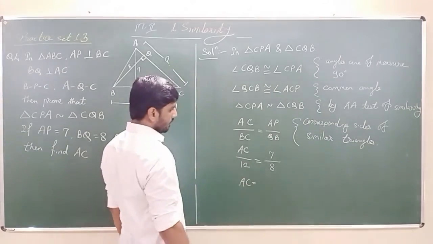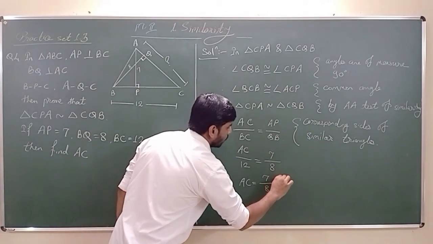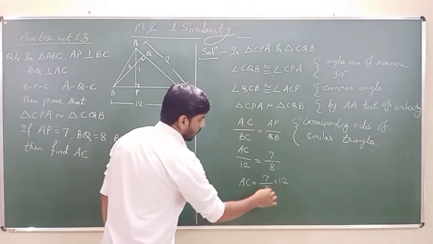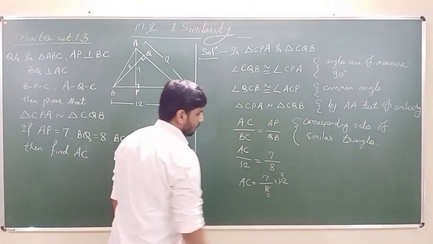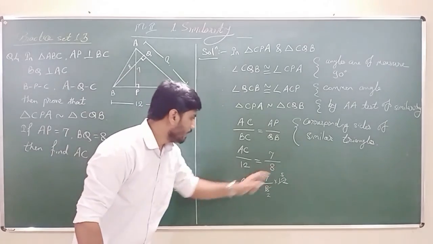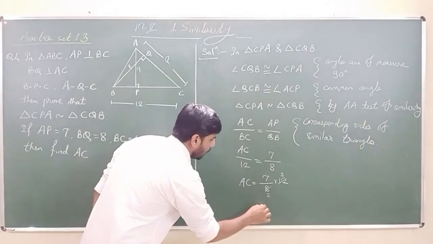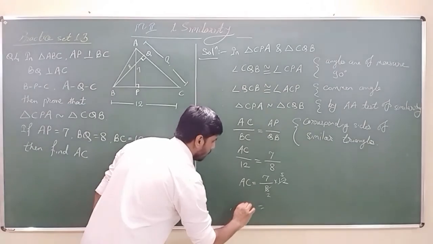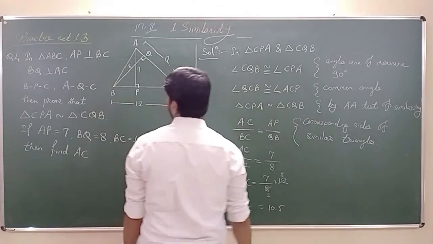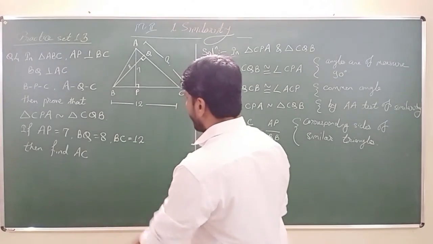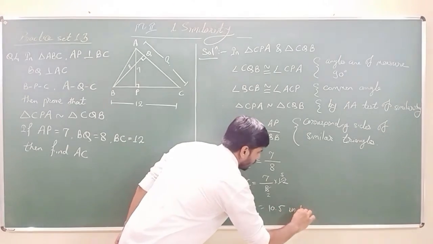So AC will be equal to 7 upon 8 into 12. Now 4 2s are 8 and 4 3s are 12. 7 3s are 21 and half of 21 is 10.5. Therefore AC is 10.5. The unit is not given, so we will write here units.